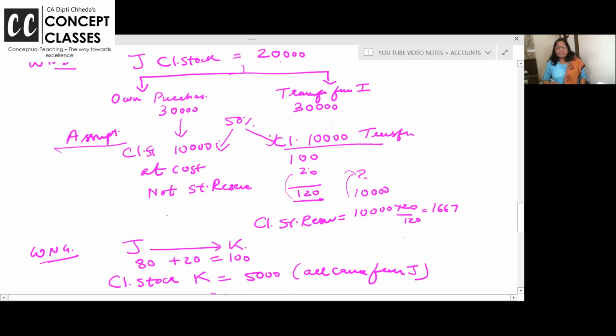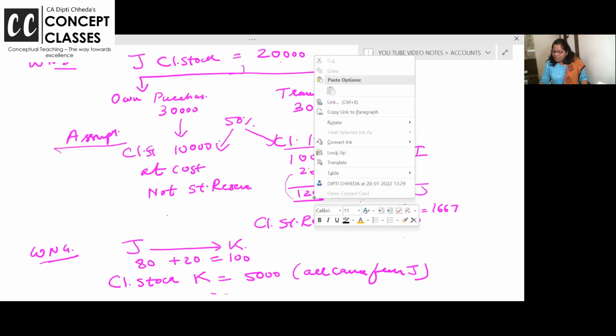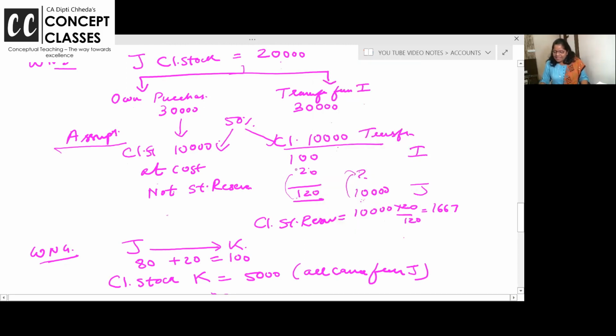जिसमें कोई stock reserve नहीं. And 10,000 is, it has got from I. Now 10,000 closing stock J has got from I. And what is the equation I to J? 120, 120. In 120, if 20 is the loading, in 10,000, how much is the loading?